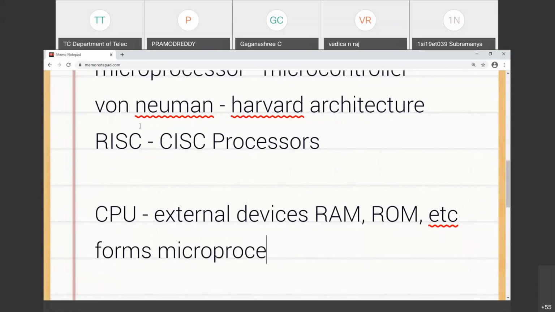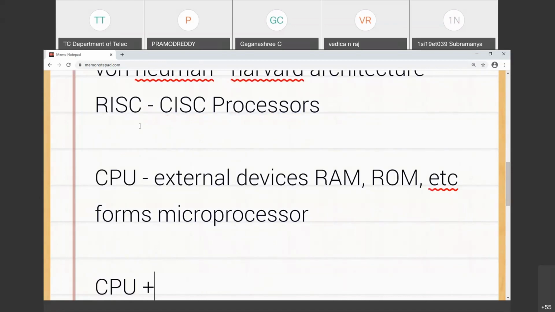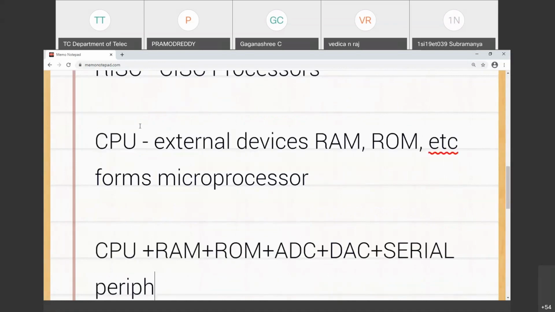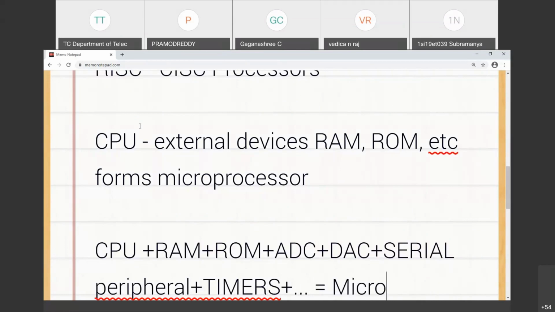Then we clearly said CPU plus RAM plus ROM plus ADC plus DAC plus serial peripherals plus timers, plus a few more, together forms what? Microcontroller, sir. Yes, this is the very important aspect.